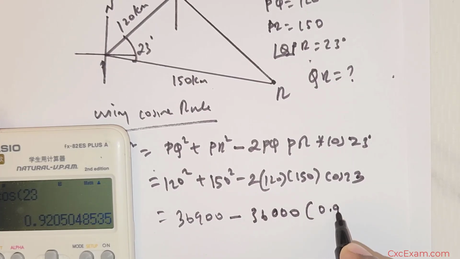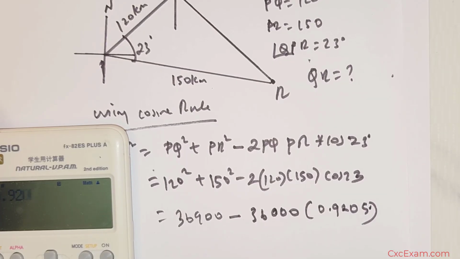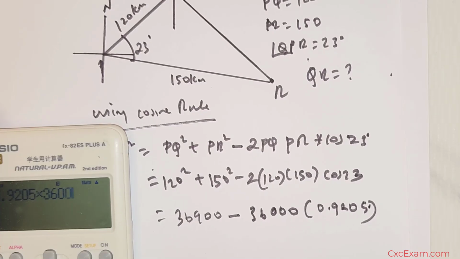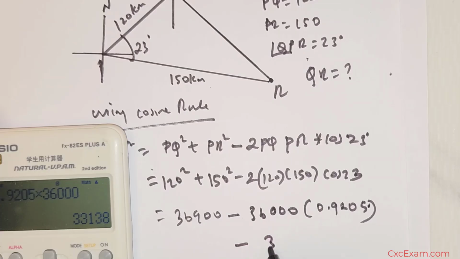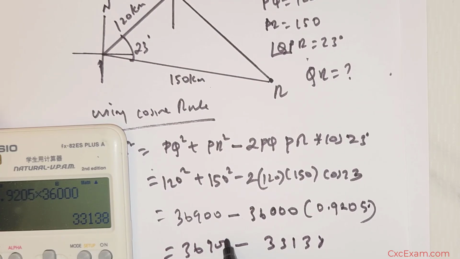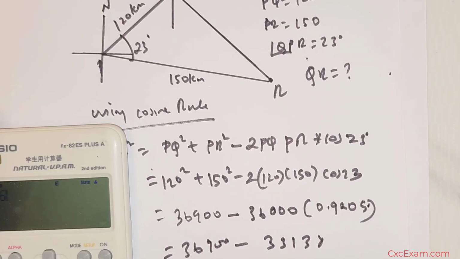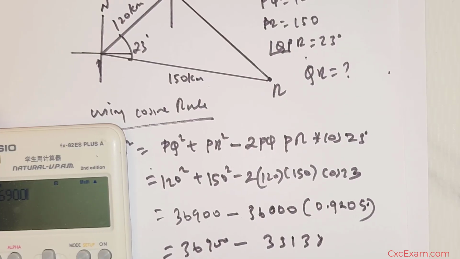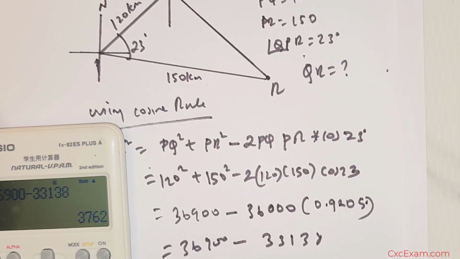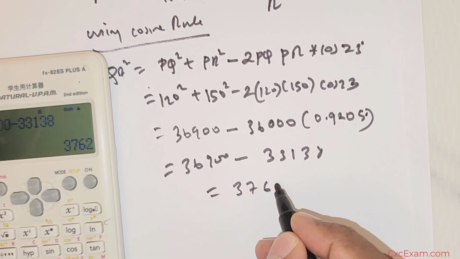that is 0.9205. Okay, 0.9205 multiplied with 36000. This is 33138. 36900 minus 33138 is 3762.